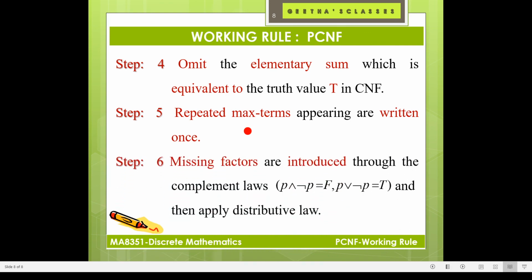Last step: missing factors are introduced through the complement laws, P and not P equal to F, that is false, P or not P equal to true, and then apply the distributive law. So we can introduce missing factors in order to solve the problem. You can use all these 6 steps to solve PCNF and PDNF problems. These are the steps to be followed in PCNF and PDNF.